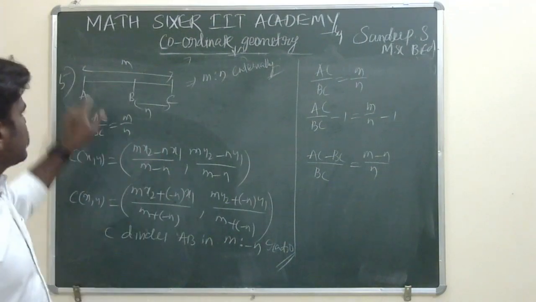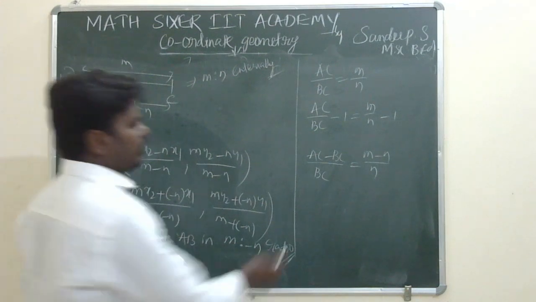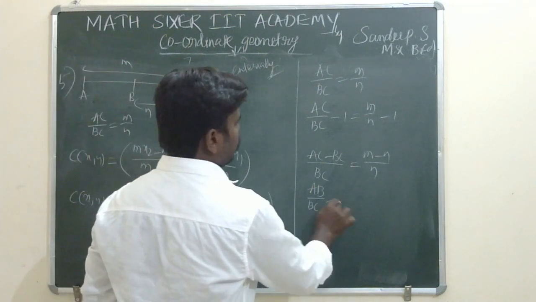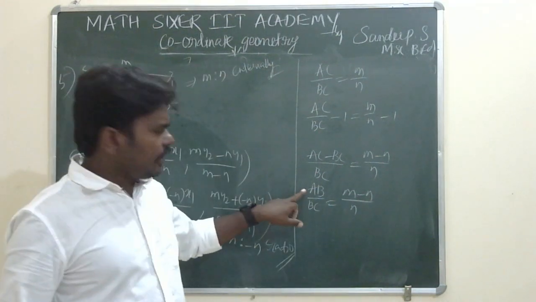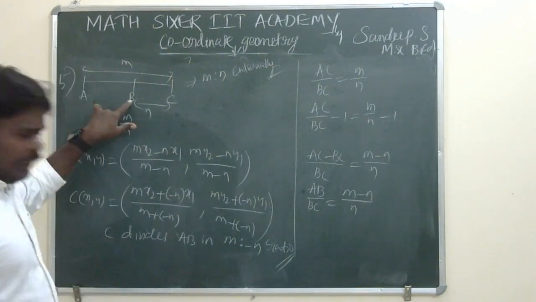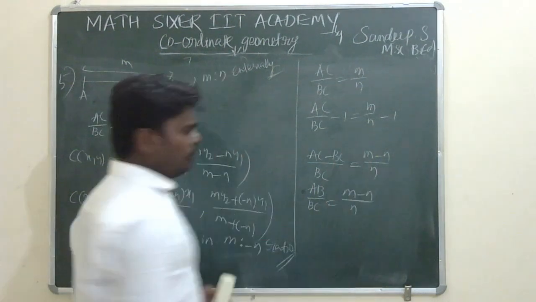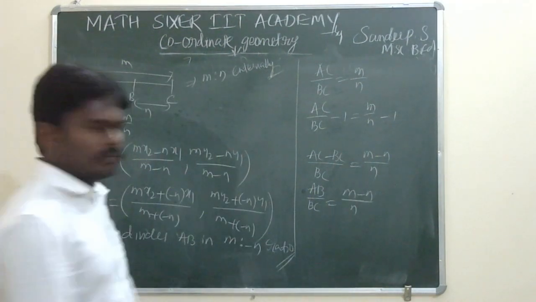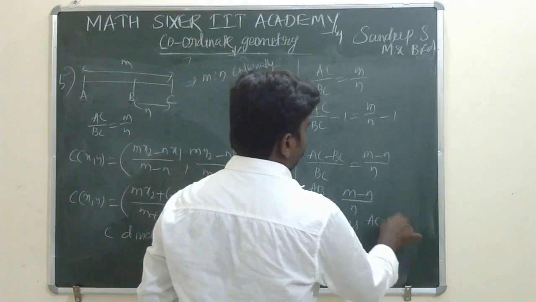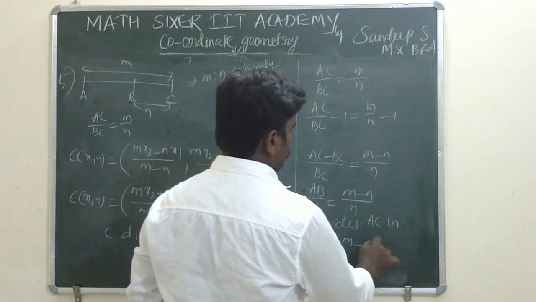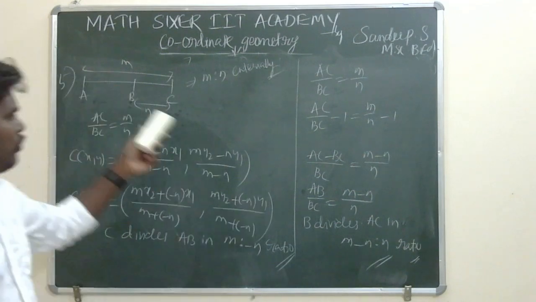From the diagram, AC minus BC is nothing but AB. So AB by BC is equal to (m - n) by n. So we can say that B divides AC in the ratio of (m - n) is to n. This also we can observe from this concept.